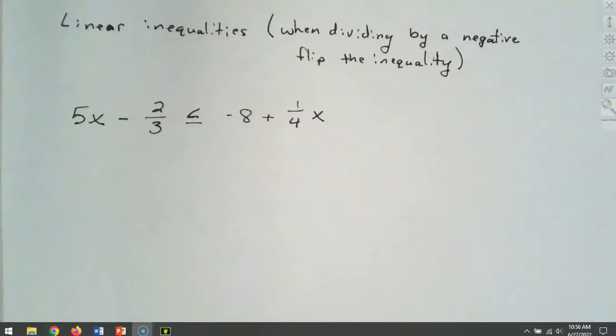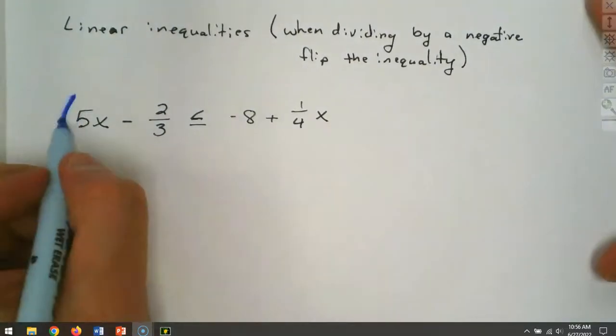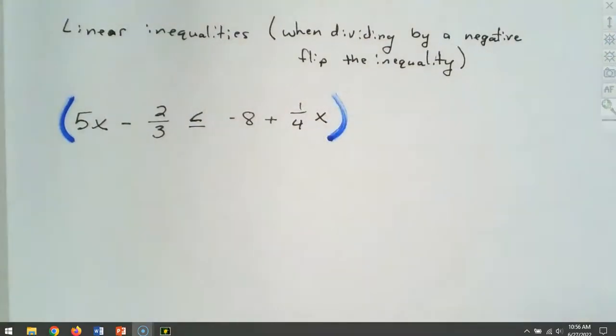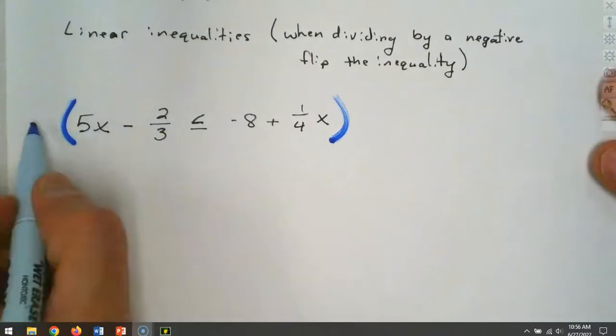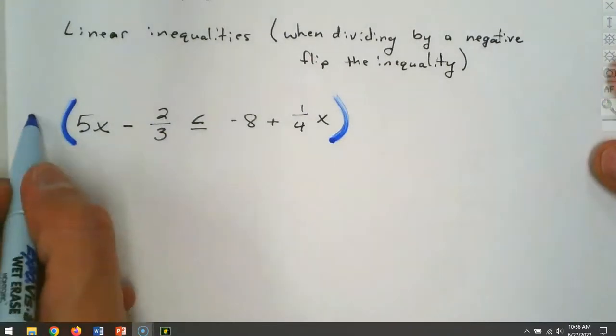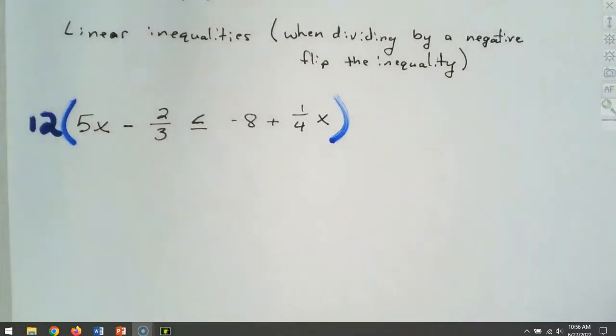This is a linear inequality. Now we solve it like it's an equal sign. Only difference is, when we get to the end, we put it on a number line. And so we're going to start by clearing out our fractions. So we've got a 3 and we've got a 4. Least common denominator, 3 and 4, is of course 12. So we're going to have to multiply everything by 12.